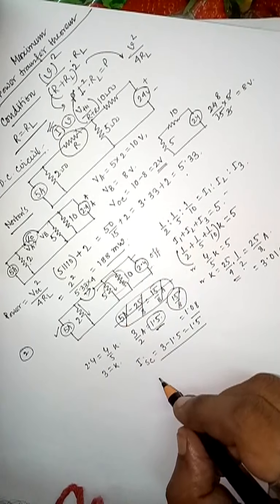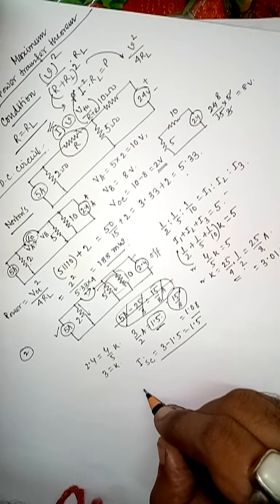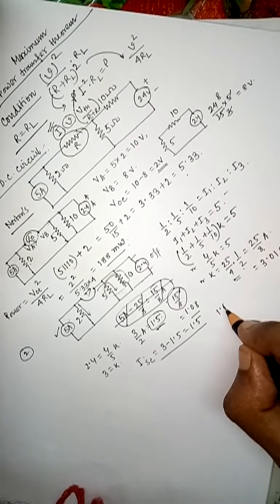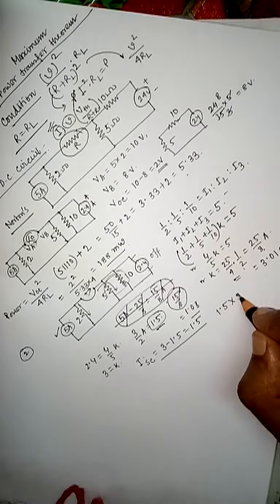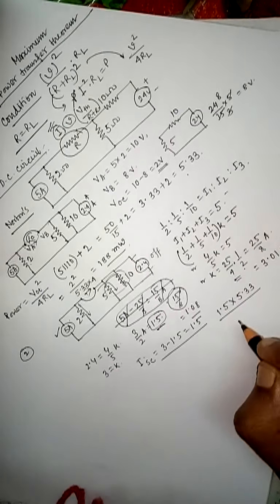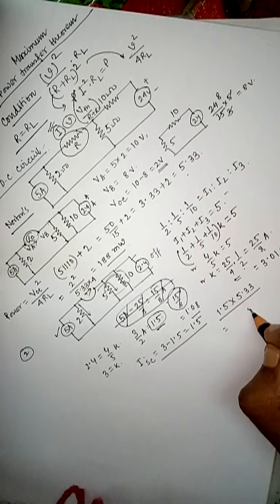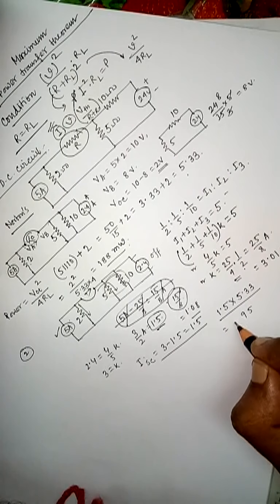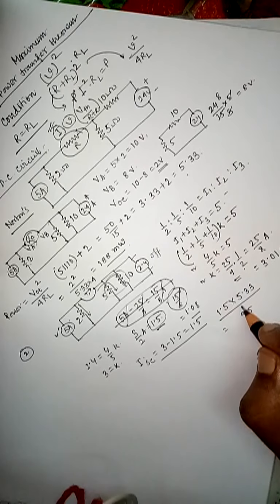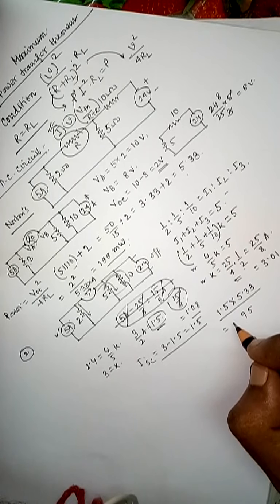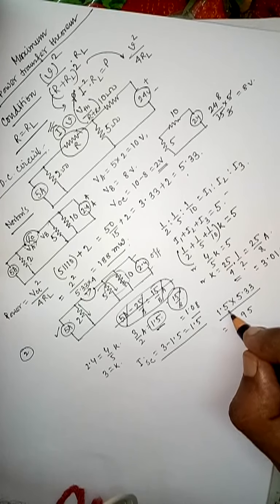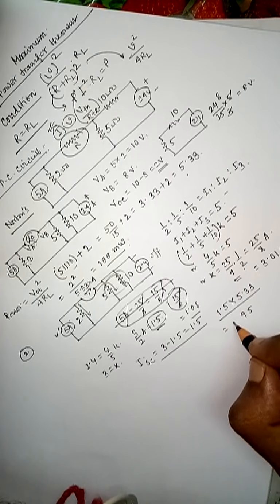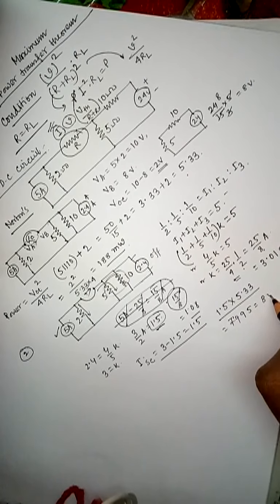Okay, so if you are multiplying this 1.5 into 5.33, that equals 7.995, approximately 8 volt.